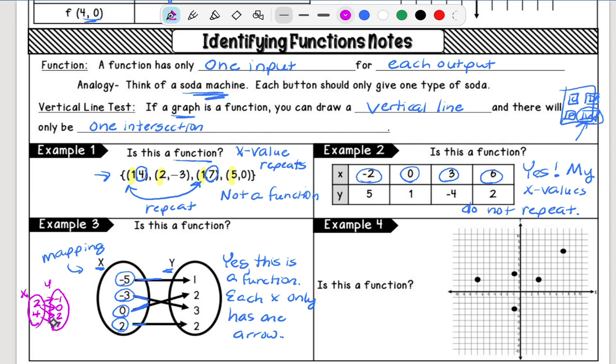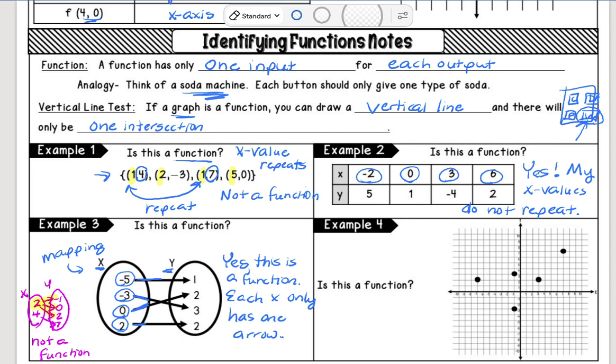And then the 4 goes to 7. The part that makes it not a function is this here. This 2 has an arrow leaving, an arrow leaving, and an arrow leaving. So that's what a mapping looks like that is not a function, and this is what a mapping looks like that is a function. So you have an example of each there.